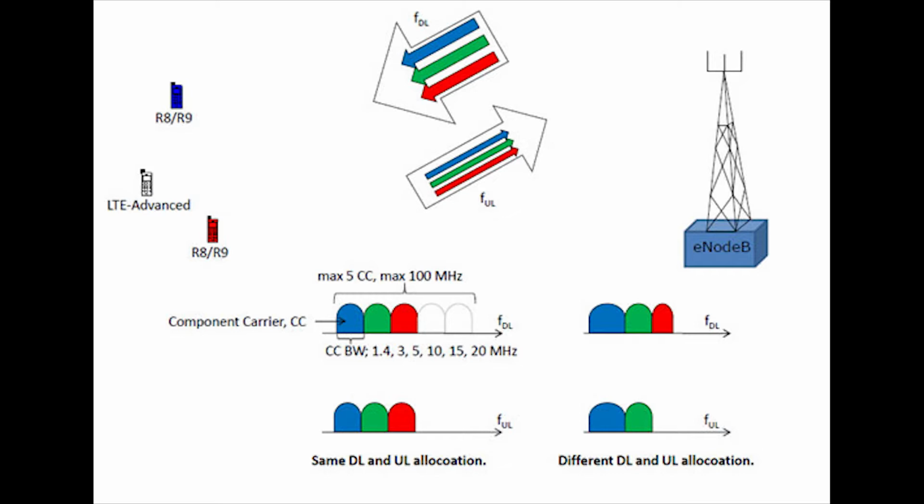Multiple component carriers are used to transmit or receive data when the required bandwidth is beyond 20 MHz. A transmission bandwidth of up to 100 MHz can be achieved by aggregating up to 5 component carriers.